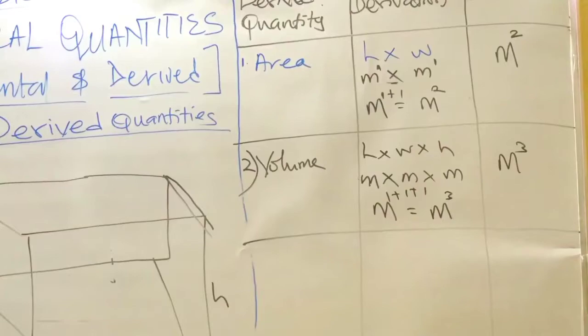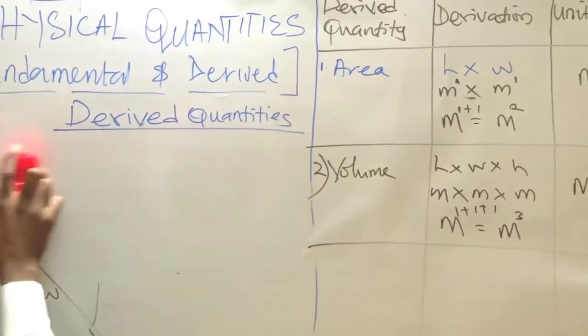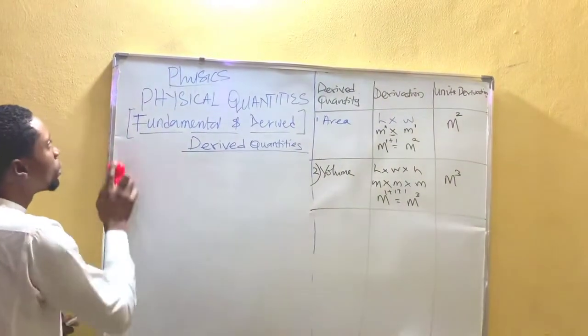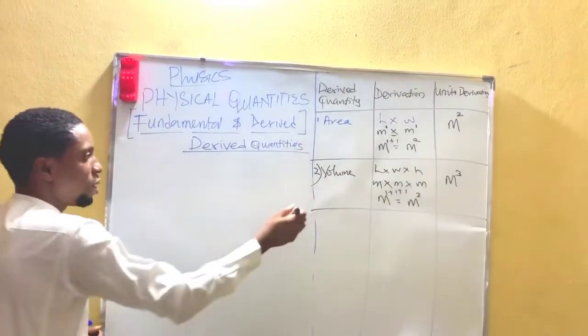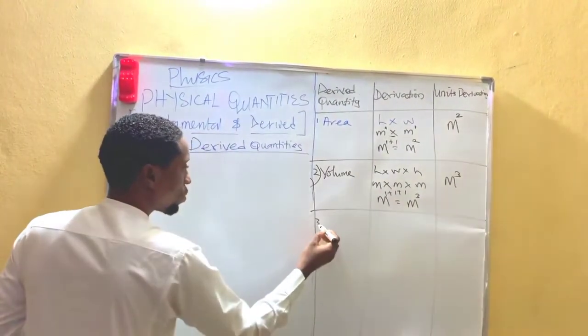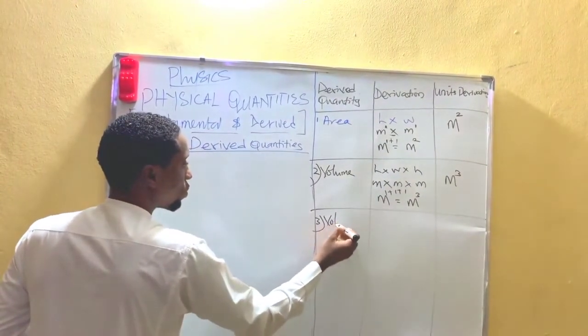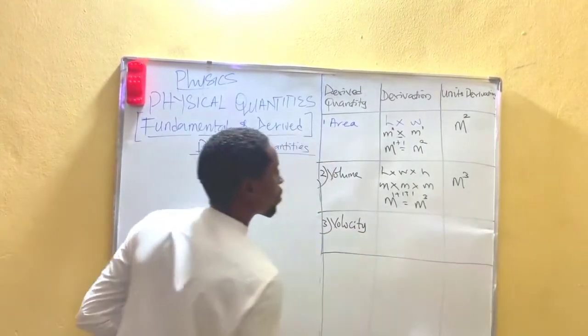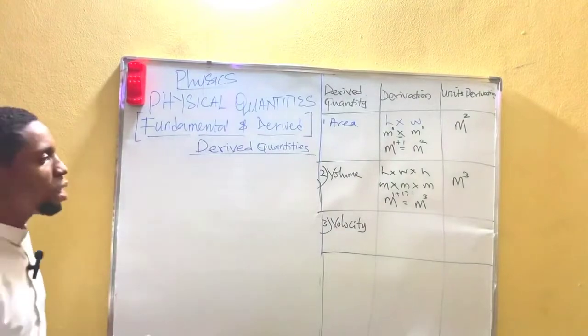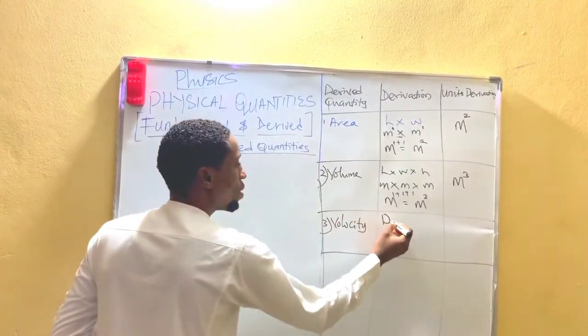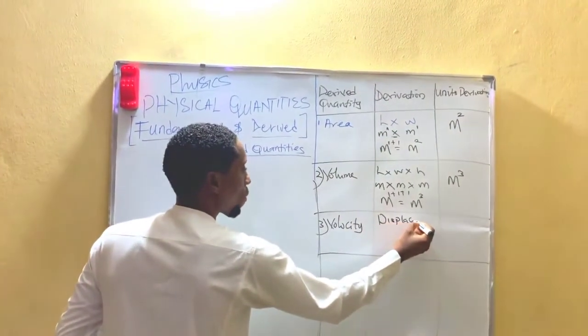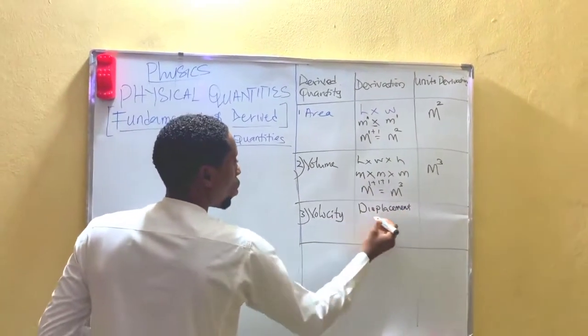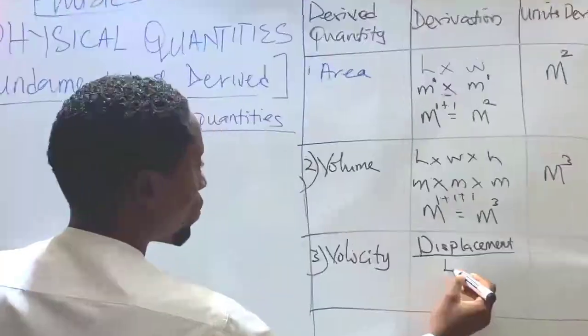Then number 3, velocity. Number 3 on our list, velocity. Velocity is displacement all over time.